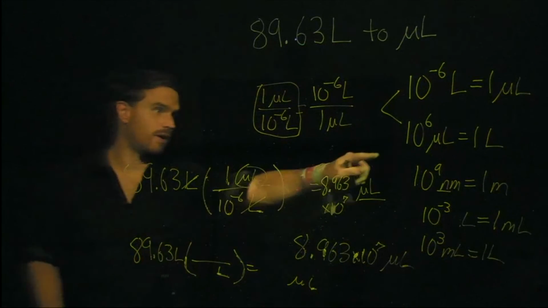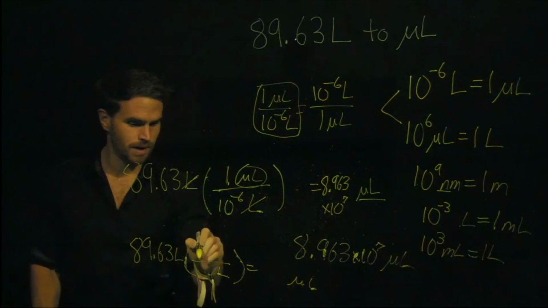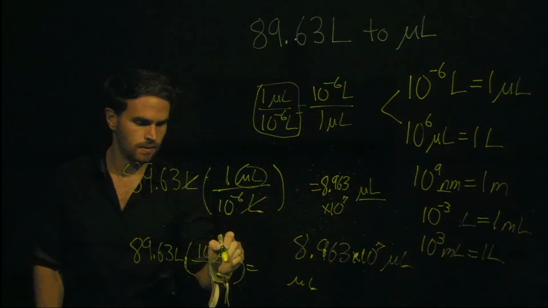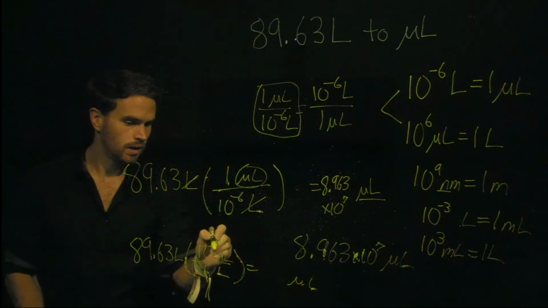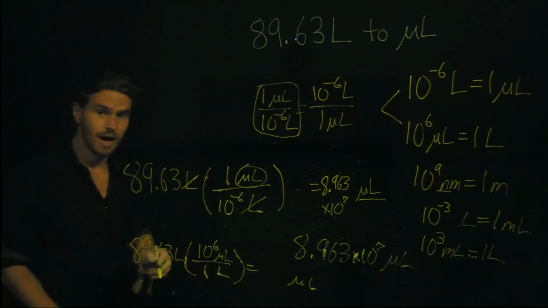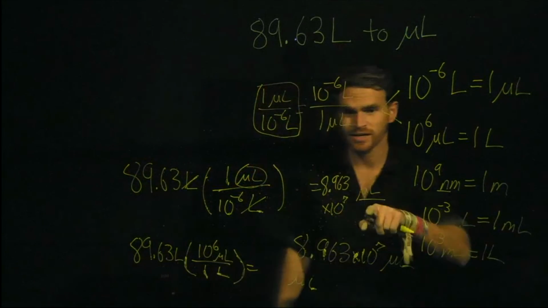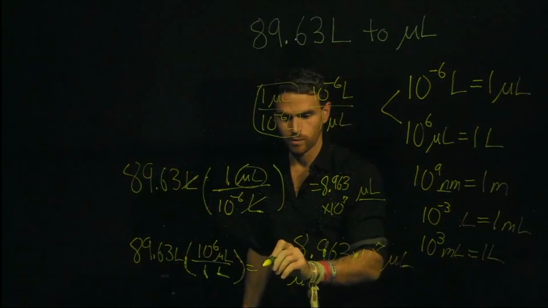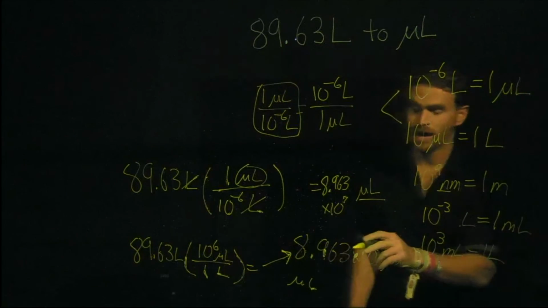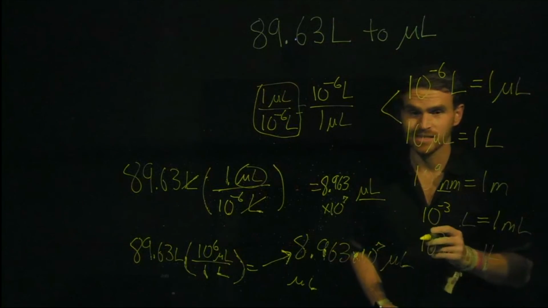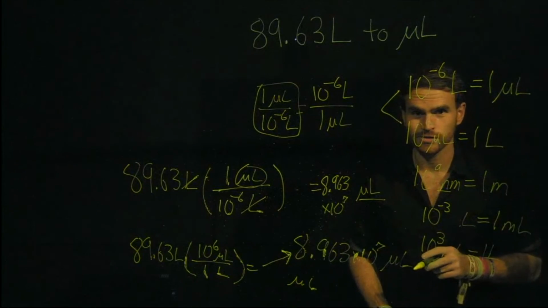So now, if I plug in 10 to the 6 microliters up top, and 1 liter in the denominator, then when I multiply through, I still get the same answer, which is 8.963 times 10 to the 7 microliters.